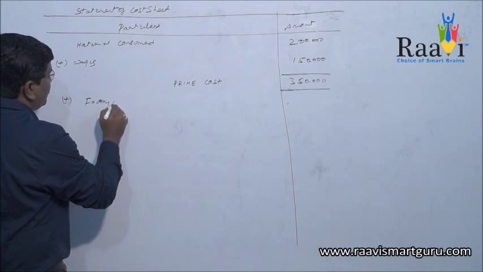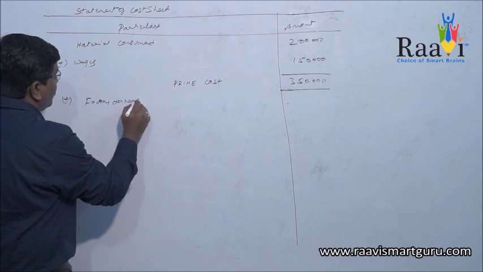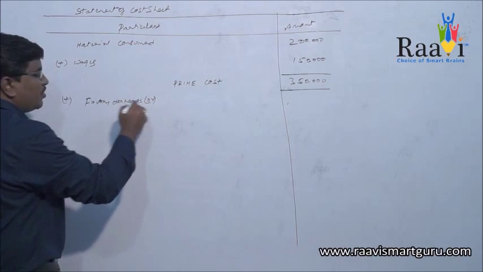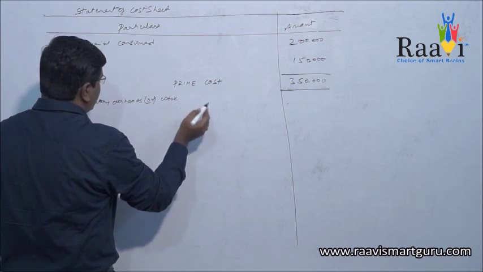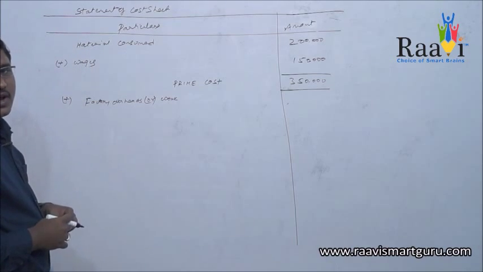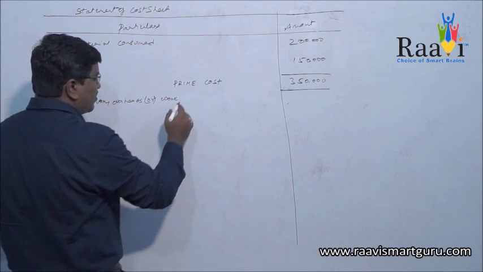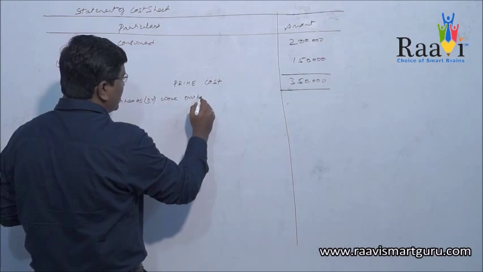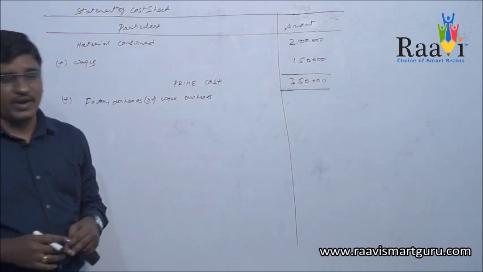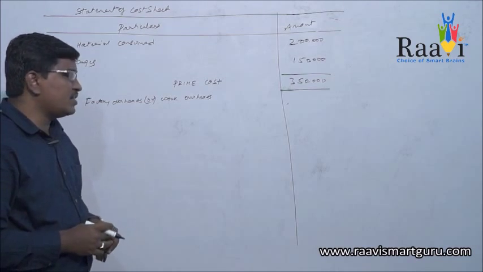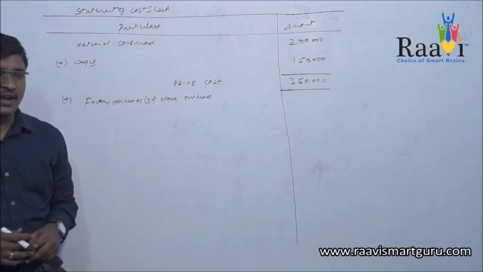In this case factory overheads or work overheads is given, that is 90,000.